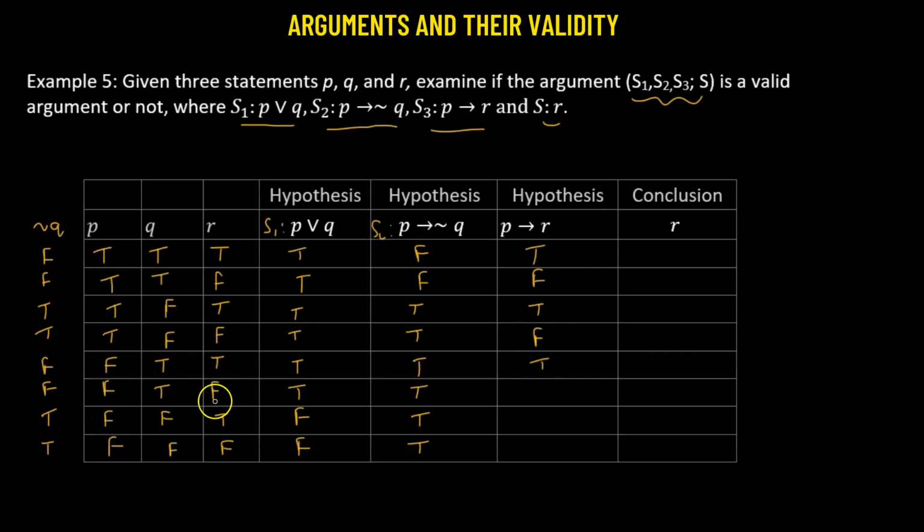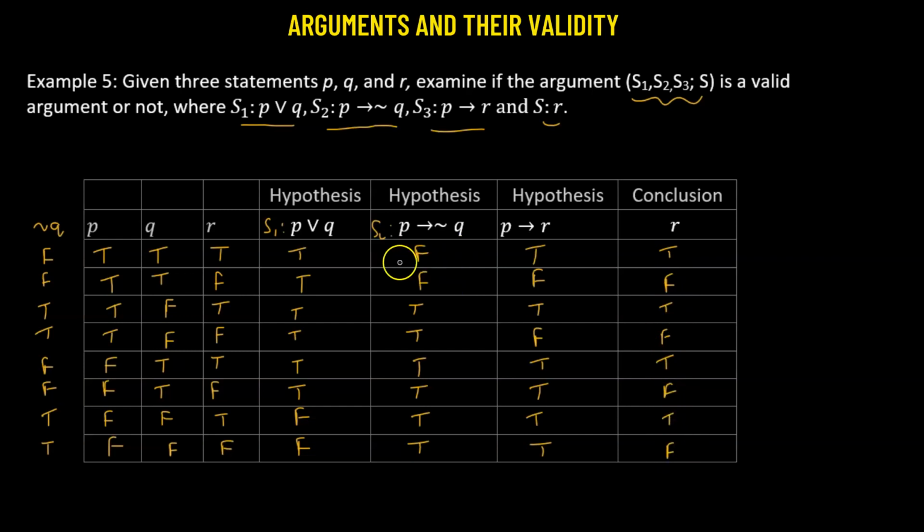If false, then false, so this is true. If false, then true, so this is also true. And if false, then false, so this is also true. And the conclusion is simply the statement R, so R will be simply the truth values of R. So that will be true, false, true, false, true, false, true, false.